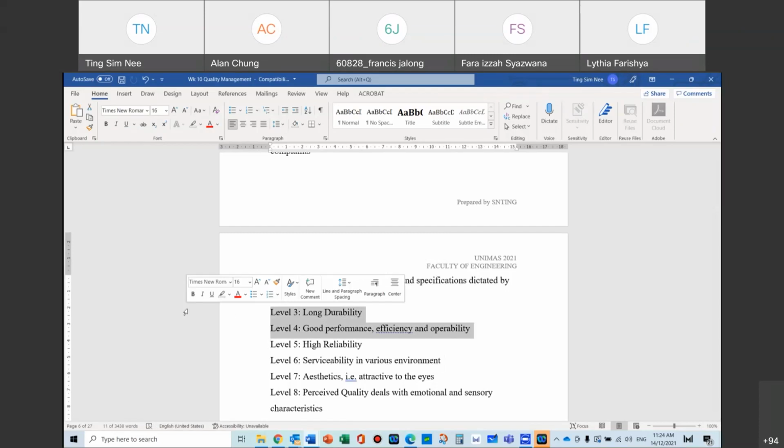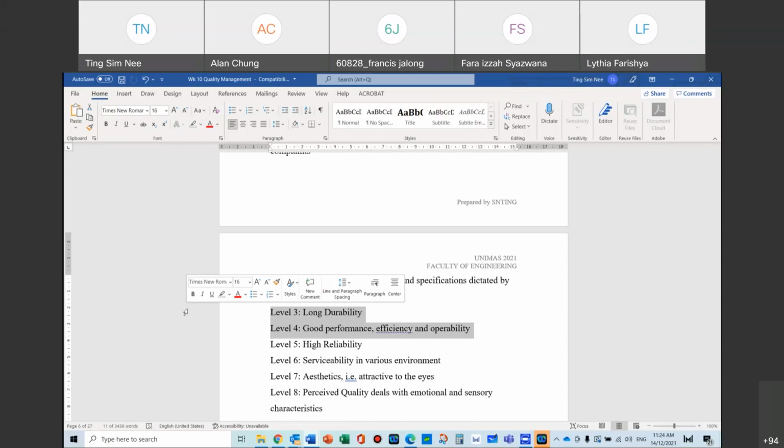Meaning that you can call for very, very high standards, but it will be expensive. There will be a difference in terms of dollars and cents. And if you go for lower quality, there will also be maintenance costs and replacement costs later attached to it.